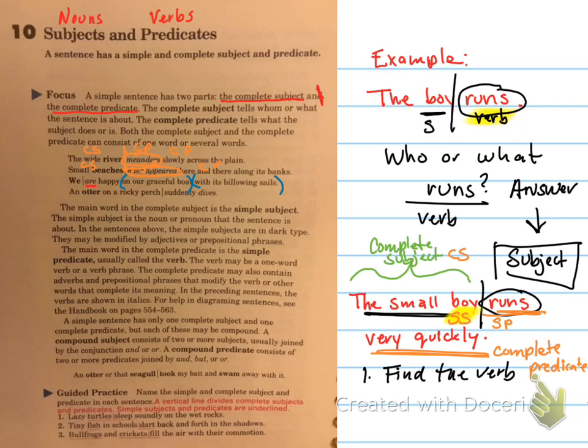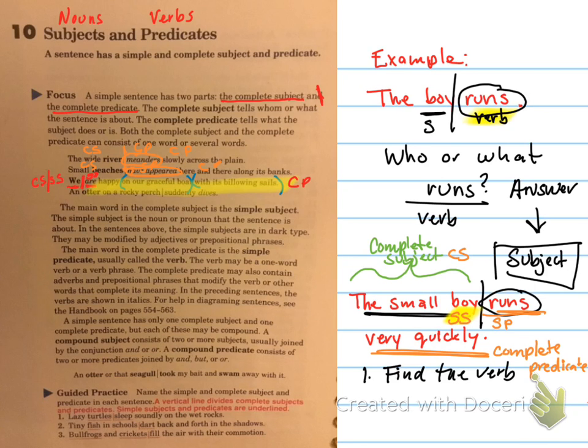Who or what are happy on our graceful boat with its billowing sails? The answer is we. So that is our complete subject and also our simple subject. Okay, are is our simple predicate, and this whole section here is our complete predicate.